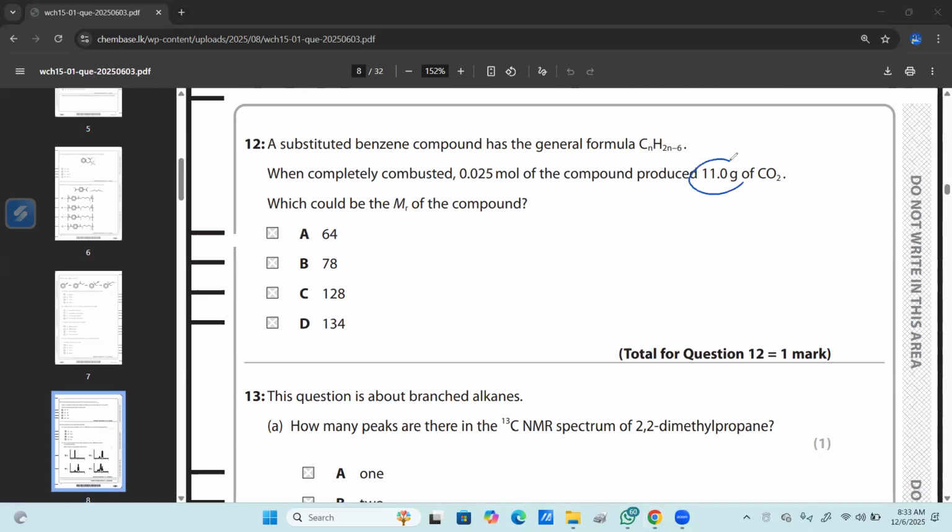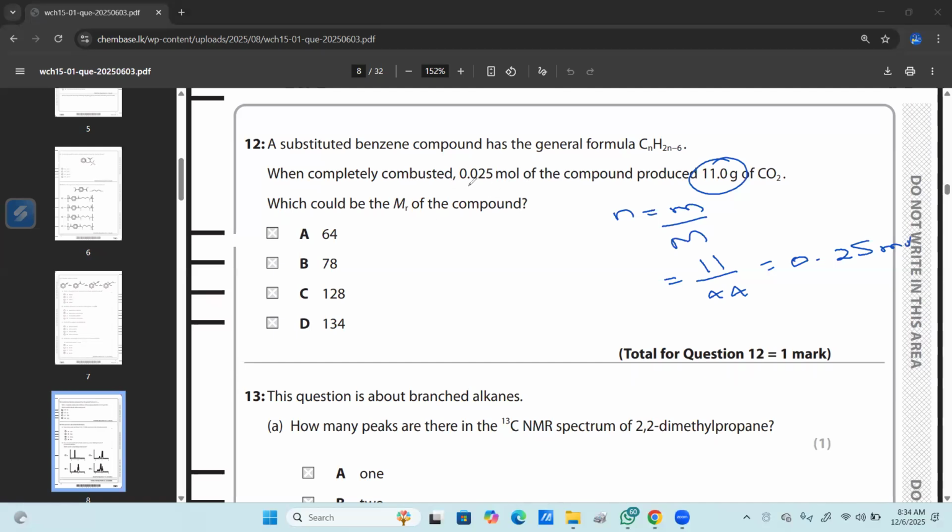They have given the mass of carbon dioxide, so I can easily find the number of moles of carbon dioxide: 11 divided by 44, where 44 is the molar mass of carbon dioxide, gives 0.25 moles.